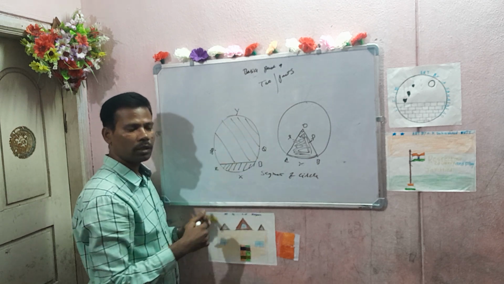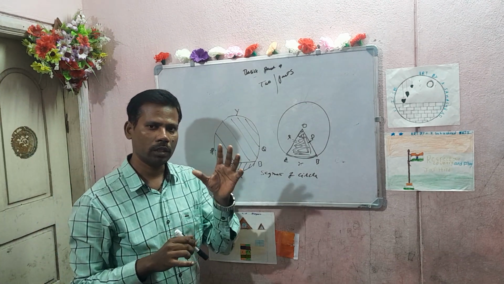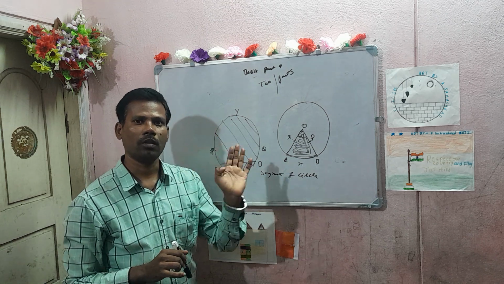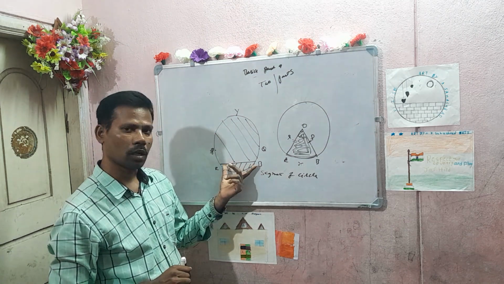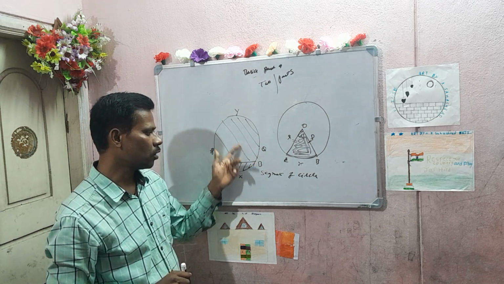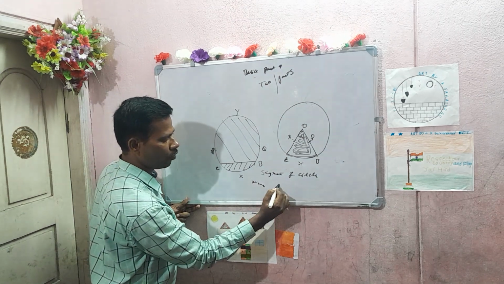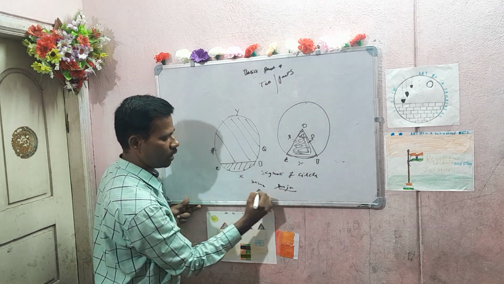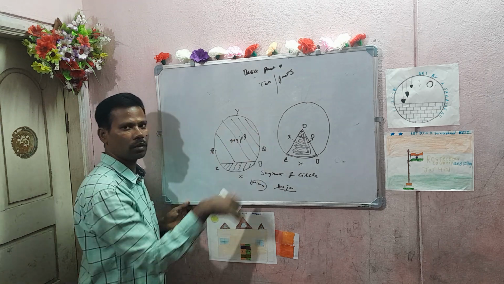Each part is called a segment of a circle. One is the minor segment, one is the major segment. Minor means the small one, major means the largest part.